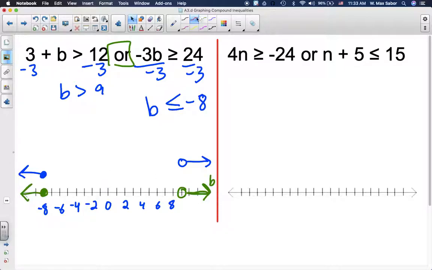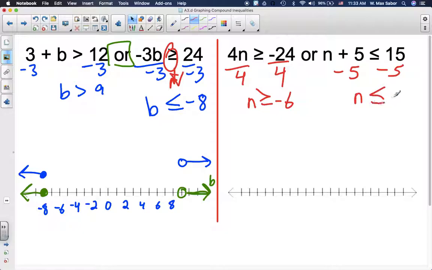All right, divide by 4 on both sides. The inequality does not flip. Here it did because we divided by a negative. Subtract 5 on both sides. N is less than or equal to 10. So let's go with negative 6, negative 4, negative 2, 0, 2, 4, 6, 8, 10.